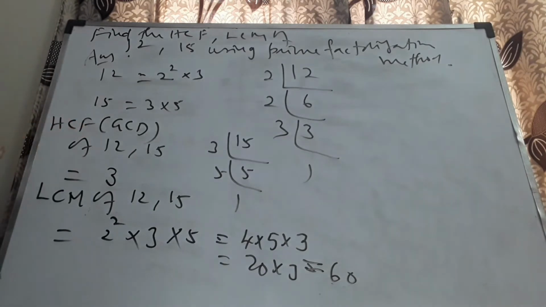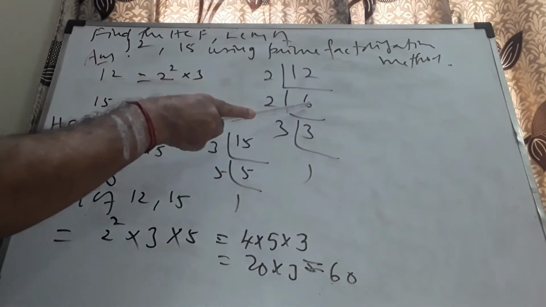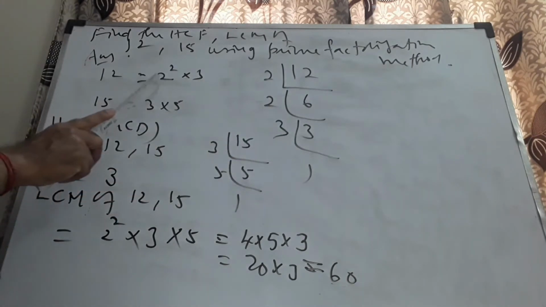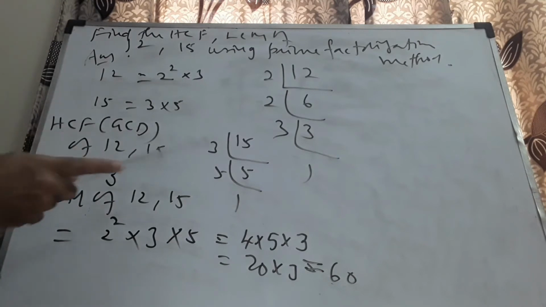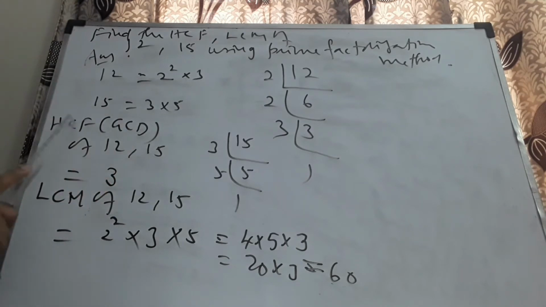Let me repeat anyway. 12: I will divide 12 by 2 and get 6. 6 divided by 2 is 3. 3 divided by 3 is 1. 12 can be written as 2 square into 3. 15: 15 divided by 3 is 5. 5 divided by 5 is 1. 15 can be written as 3 and 5. HCF, highest common factor or greatest common divisor, both are the same.